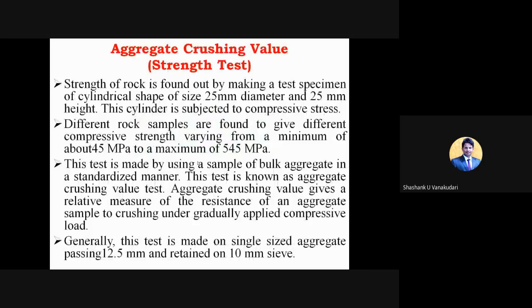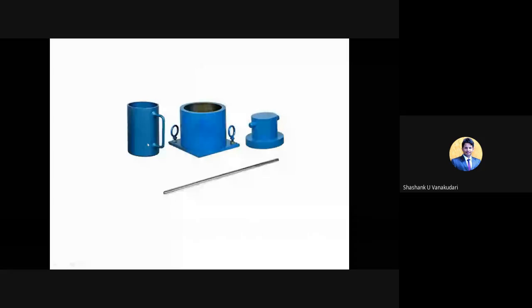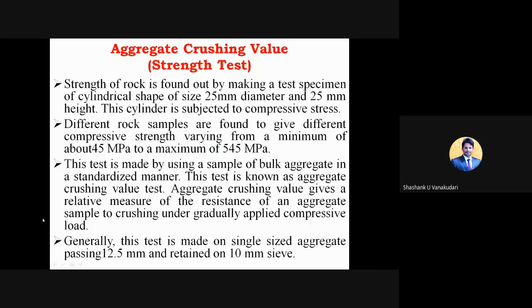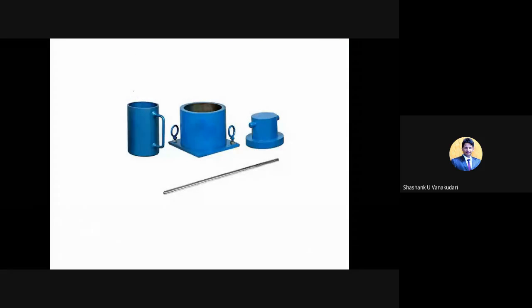Fine. So these are the apparatus needed to conduct this crushing value test. Here we get the crushing value in terms of percentage. To find out this crushing value, we need certain apparatus. The experiment is very simple. You just need to keep this diagram in your mind.